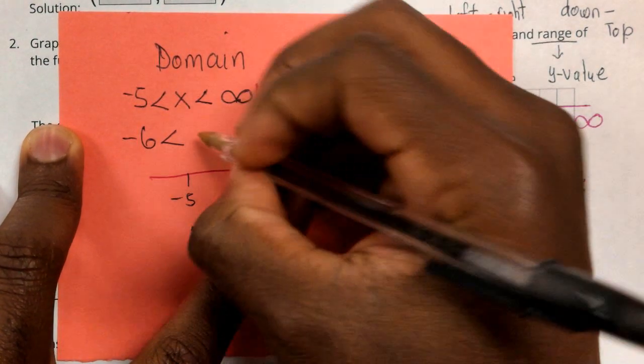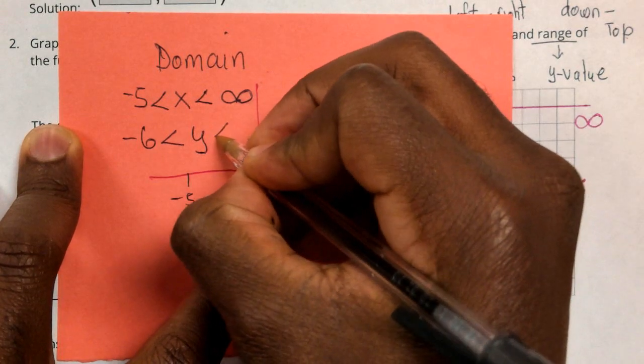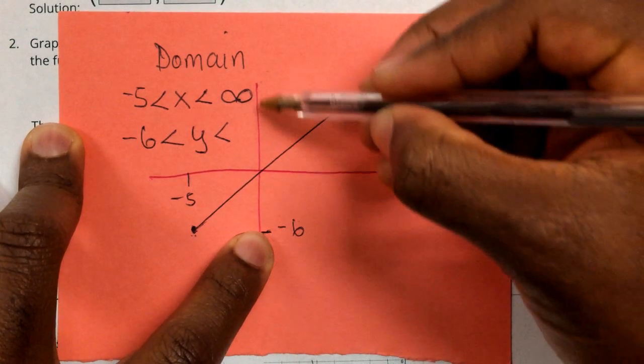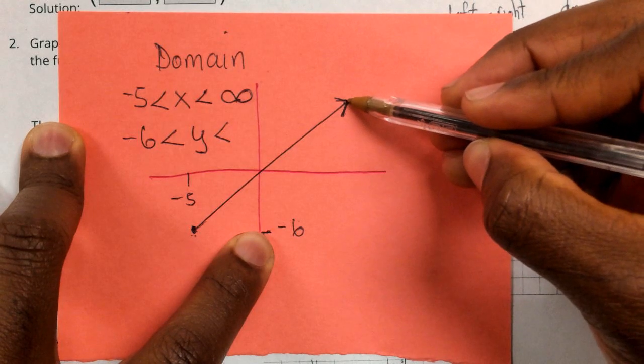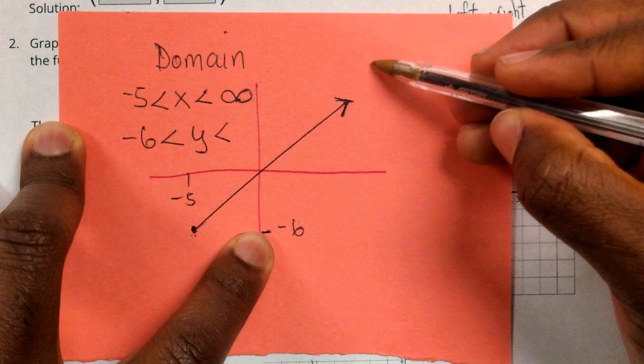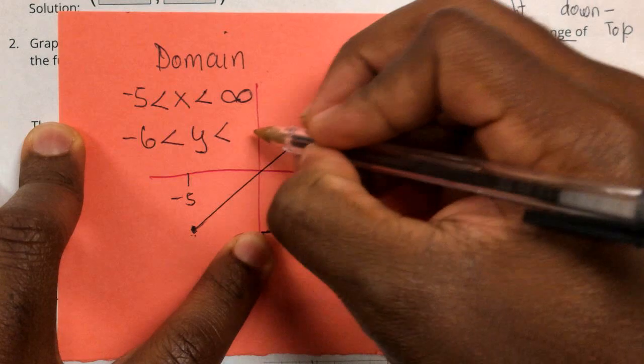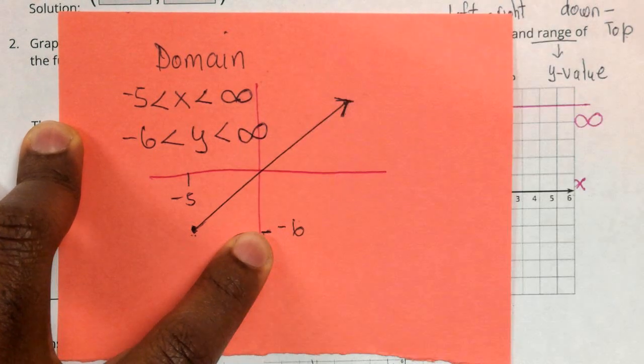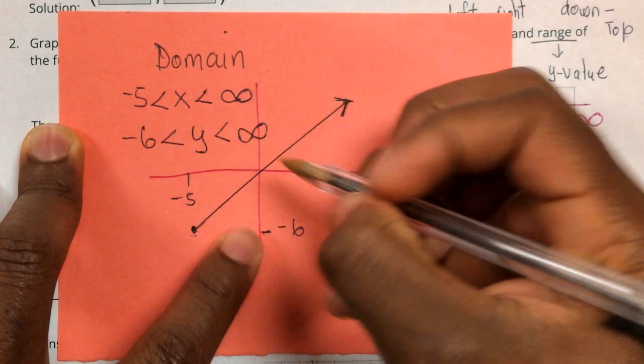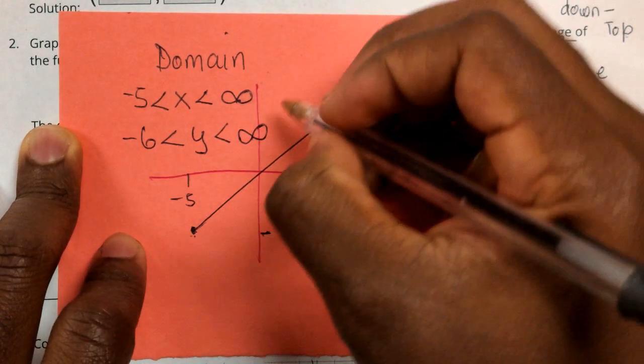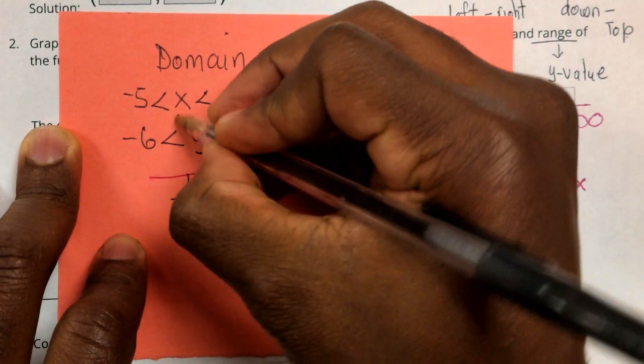Less than y, less than. In this case, because you have an arrow, it is technically going to go up on and on forever. So it's going up all the way to infinity. Okay? So that's the explanation for domain and range.